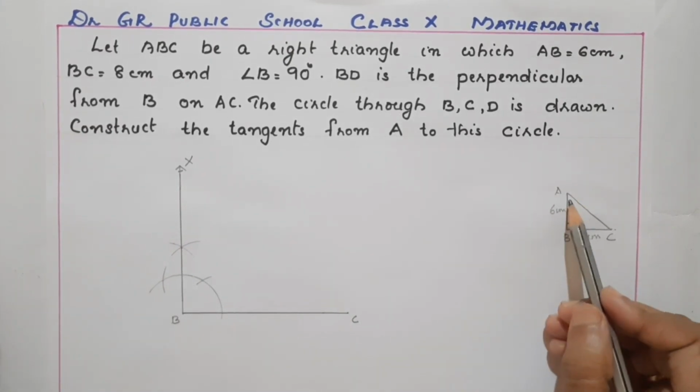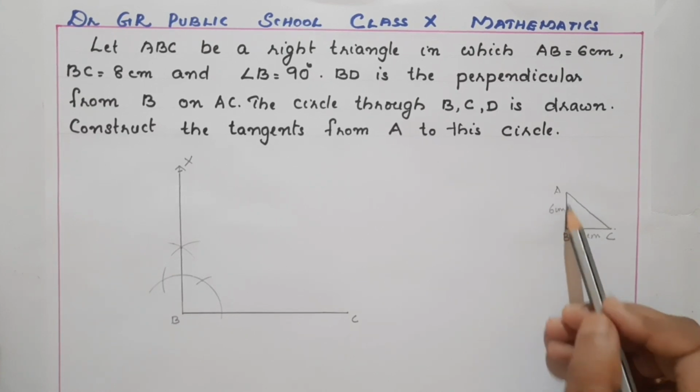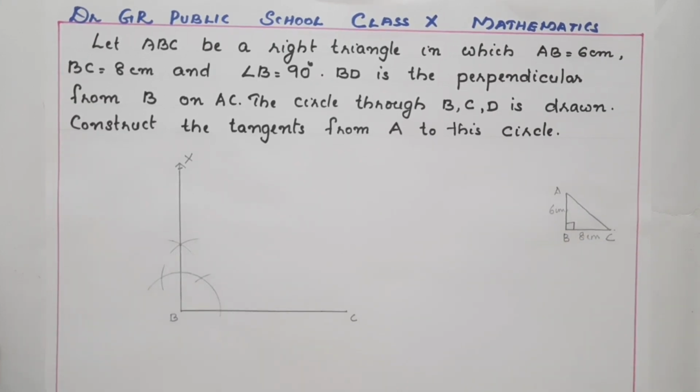Then how will you get the vertex A? From B we have to take 6 centimeter. So in the compass we have to take 6 centimeter.